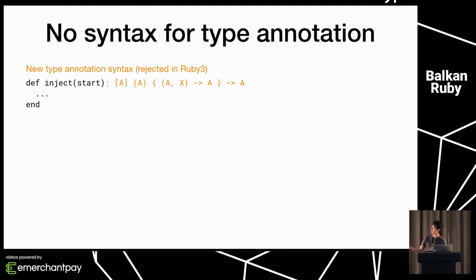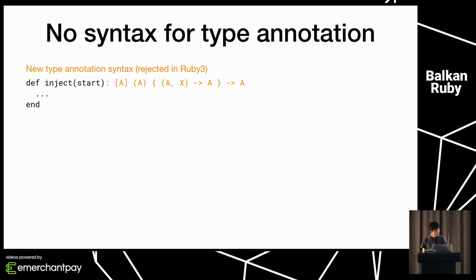The syntax means something like this: in this code, the type of the inject method is annotated like this. As you know, this is not valid Ruby code now, and it means there will be no new syntax. He says that because he doesn't want to encourage people to annotate their code with types.